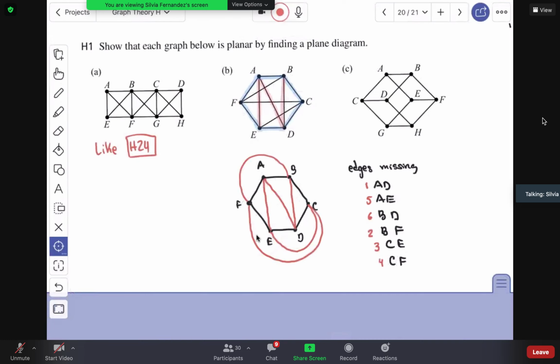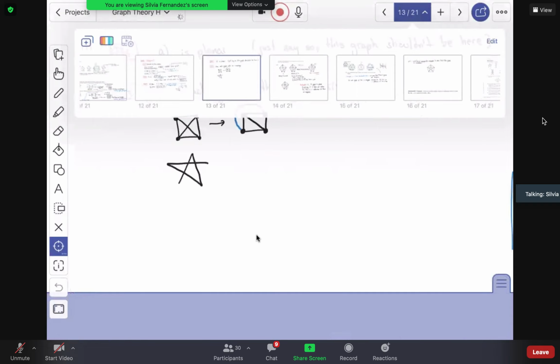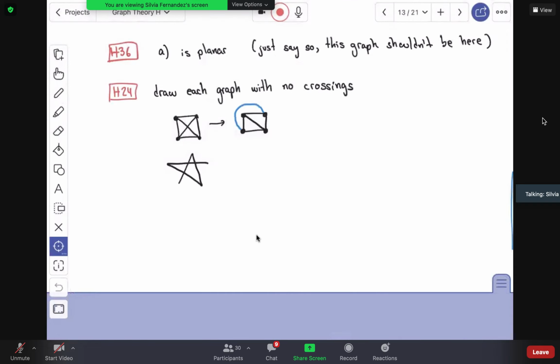And so in that first picture that I was starting with, let me go to that one. Where is it? This one right here. In this picture, it looks like this.